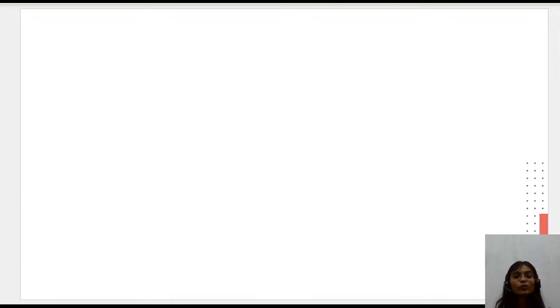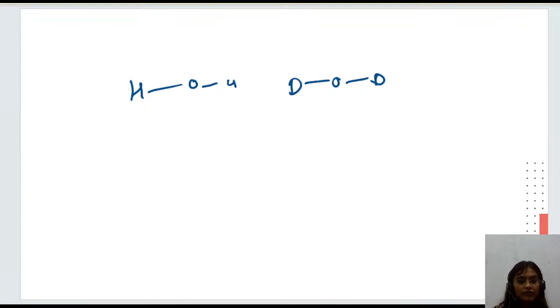Everyone has their own importance. In the previous one we compared water and D2O, so we were comparing simple size. But now if we are comparing D2O, maybe the question is, ma'am, you just said that deuterium and hydrogen is small size, but how are you comparing with H2O2?